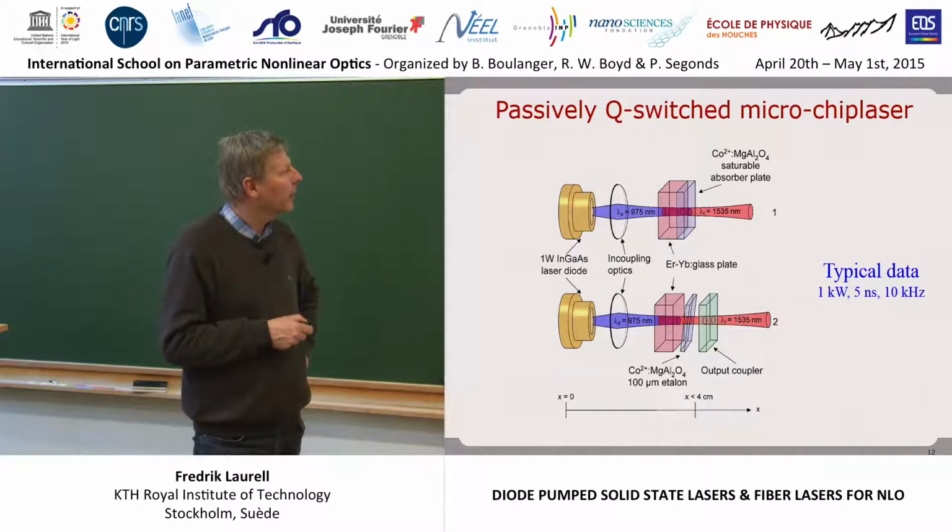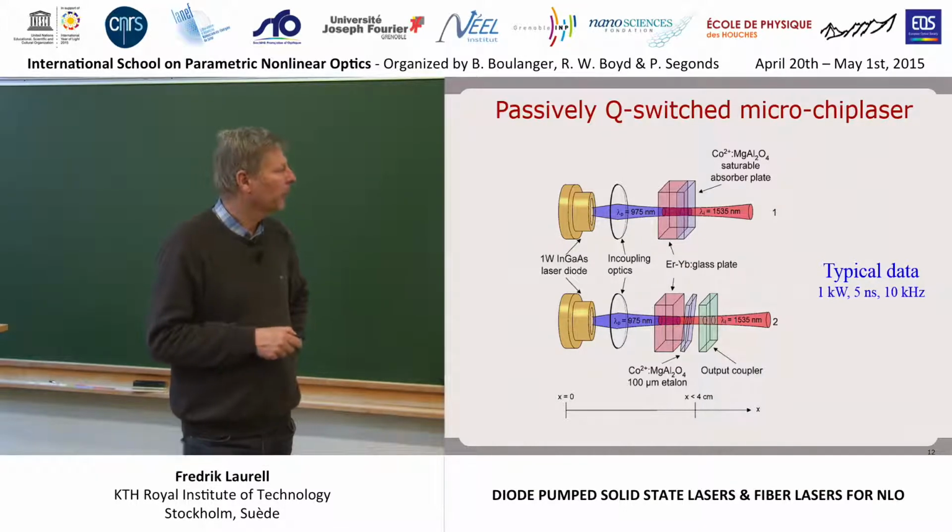And if you bond on a Q switch here, which is a cobalt spinel, it's called, then you get kilowatt pulses with a 1 watt pump diode here, and reasonably short pulses.